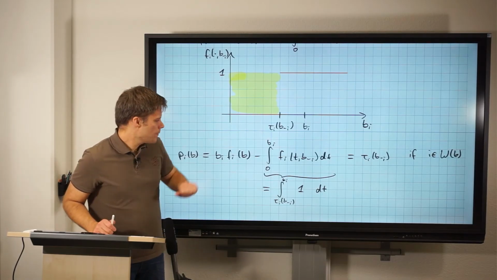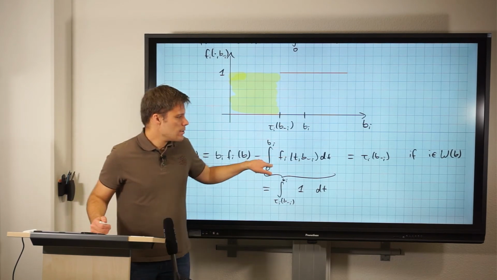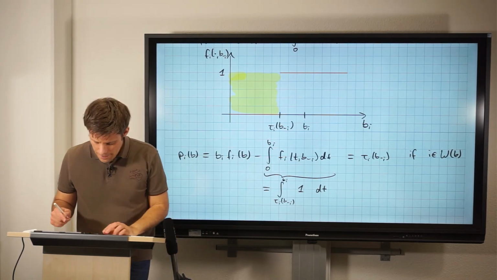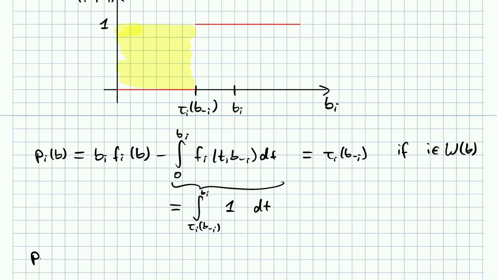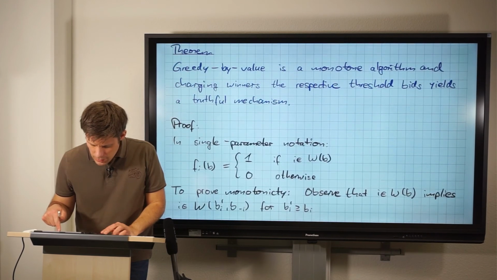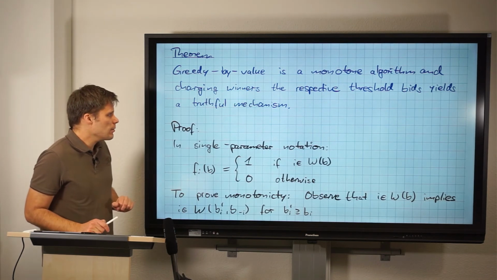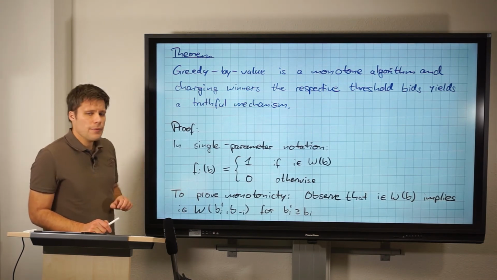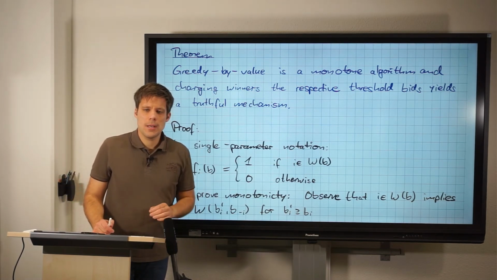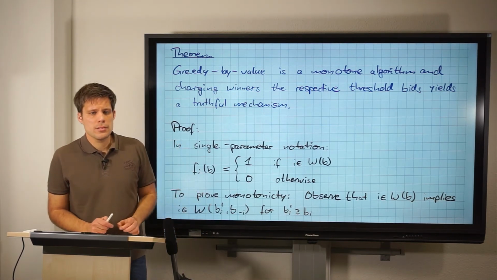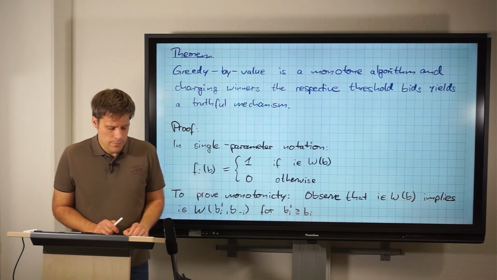And if you're a loser, then this is 0, this is also 0, then you're not paying anything. So p_i(b) will be 0 if you are not winning. And this already proves the first claim, namely that, as we've convinced ourselves, this is a monotone algorithm, and we get a truthful mechanism if the winners always pay the respective threshold bids and the losers don't pay anything. Good.